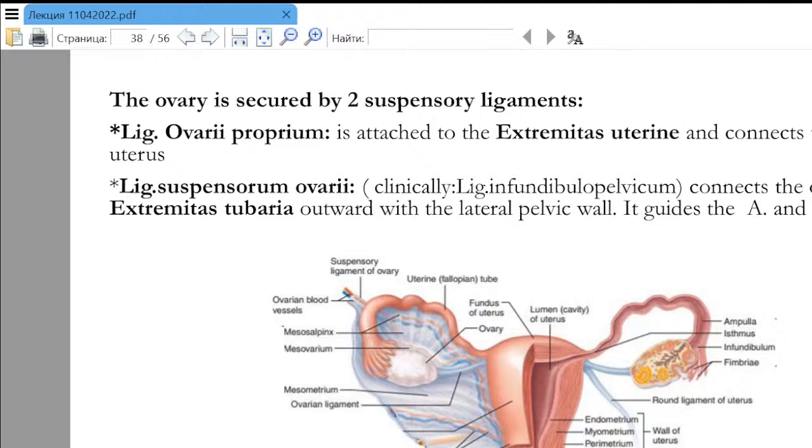The ligamentum suspensorium ovarii connects the ovary from the extremitas tubaria outward to the lateral pelvic wall. It carries the arteria and vena ovarica, the ovarian artery and vein, and passes through the ligament of the ovary.